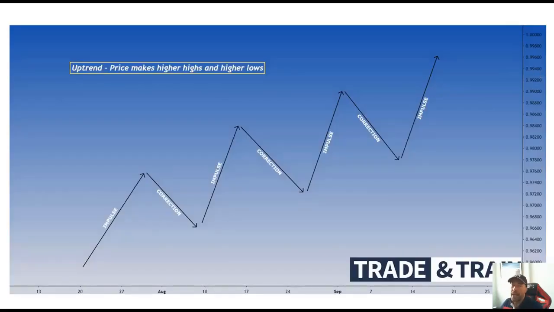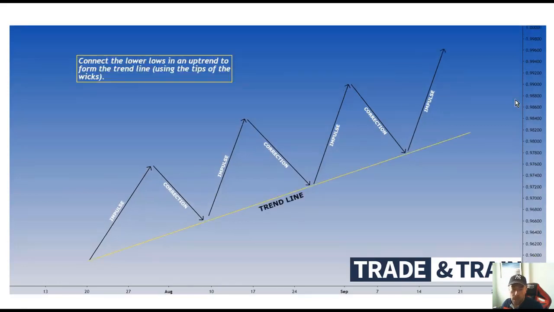right, if you remember, in an uptrend, price makes higher highs and higher lows. The price movement in line with the trend is called the impulse, and the price movement against the trend is called the correction. And we draw a trend line in an uptrend by connecting the lows and the tips of the wicks on the candles.